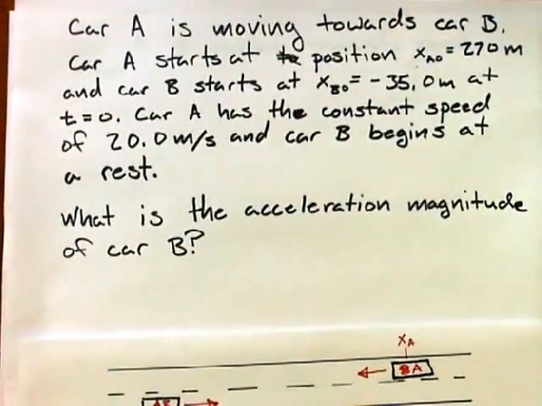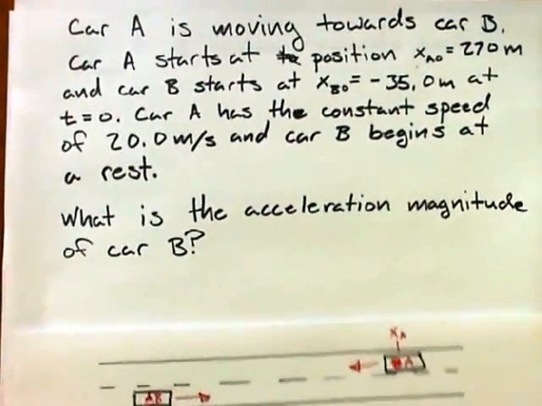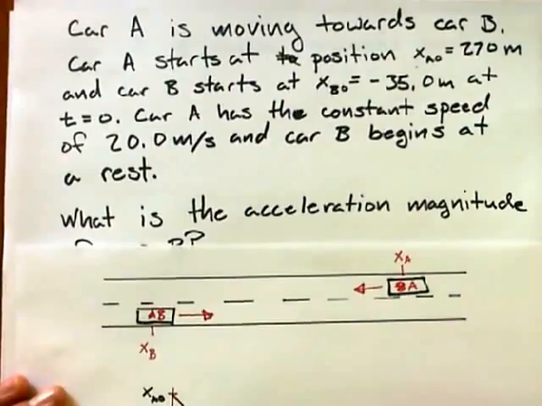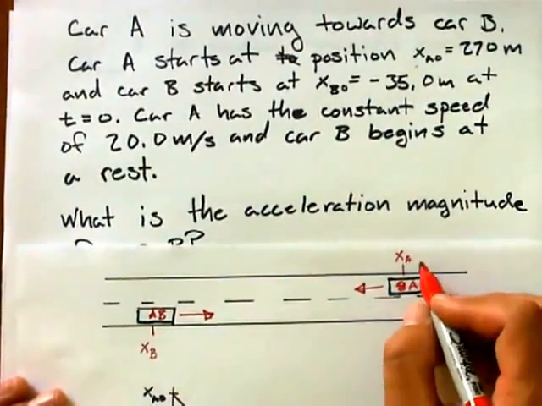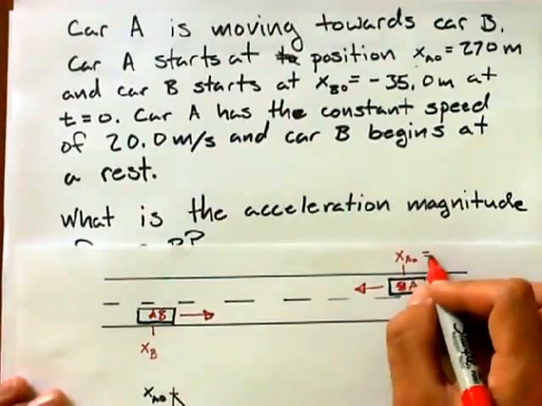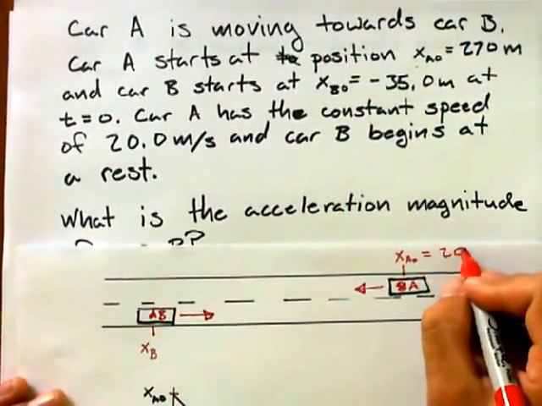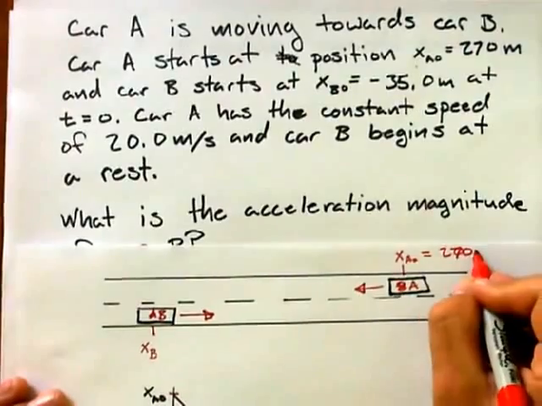So the way I had to look at this is, first of all, we have this position and we have this position. Let me get this up here. First of all we have x_A0, which is 270 meters.